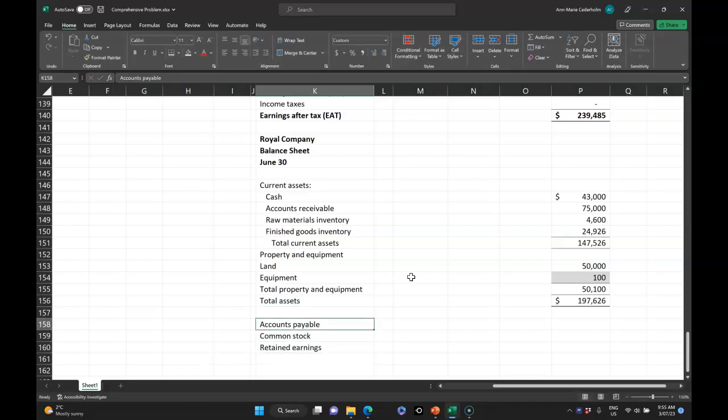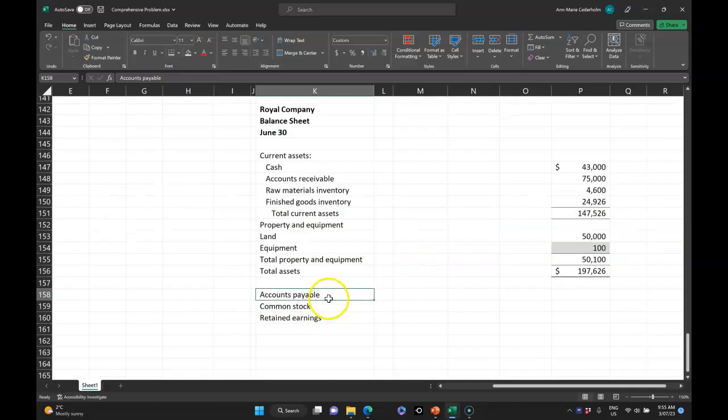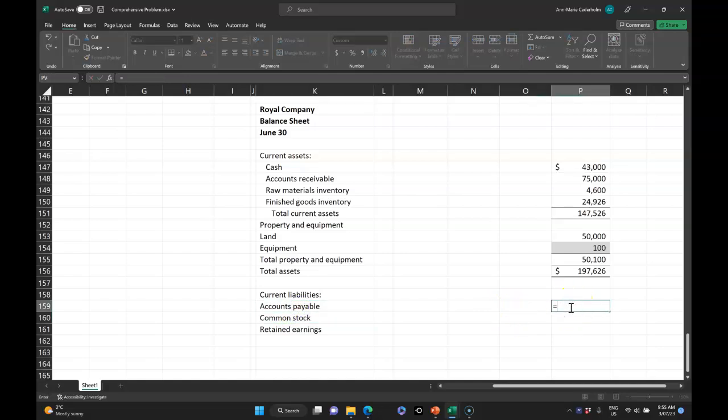So with my liabilities and shareholders' equity, let's call this current liabilities. So my accounts payable actually comes from my direct materials budget.